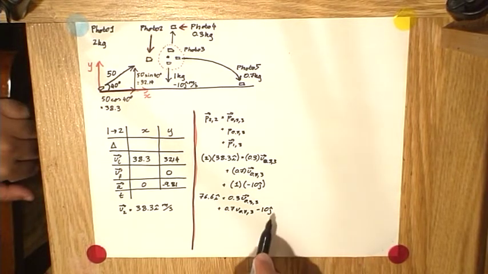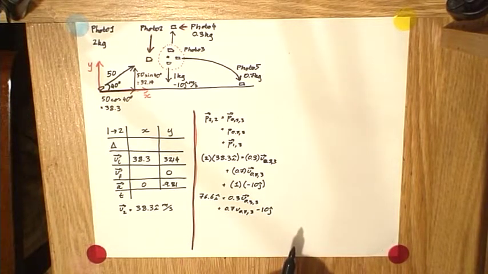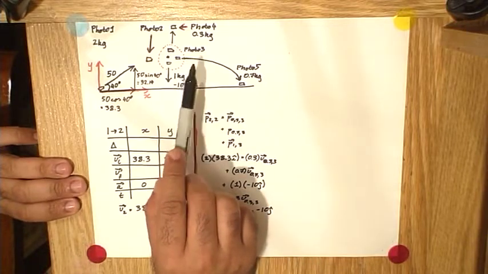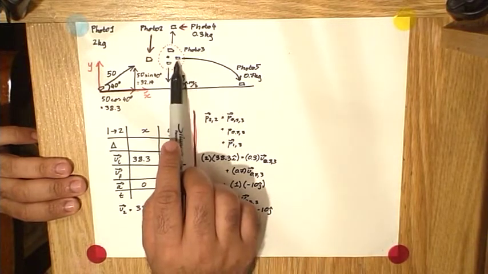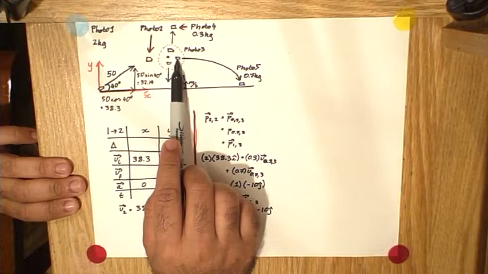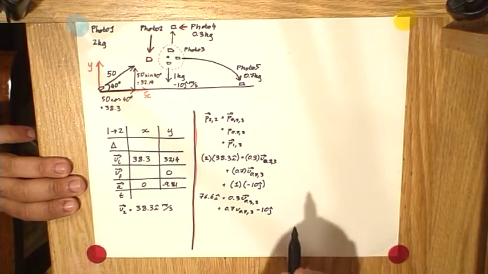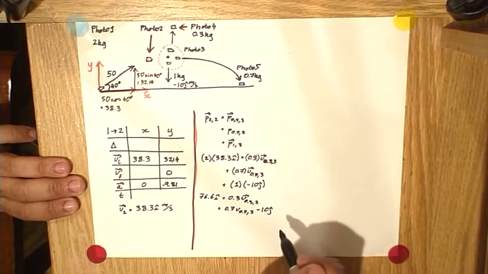Okay, the negative 10 j hat can be moved to the other side, and it'll help us at this time to realize that in this example, the 0.7 kilogram object is moving purely rightwards. There is no vertical component to how it's moving.